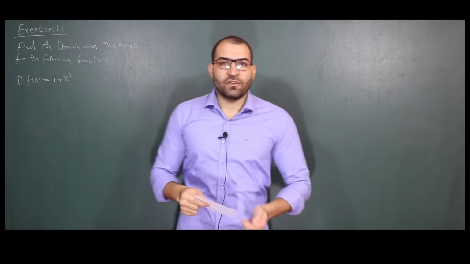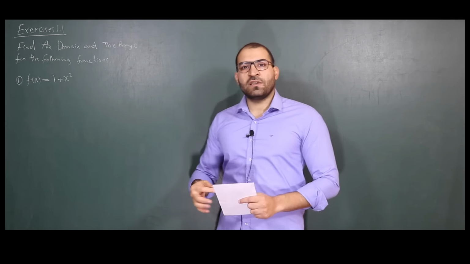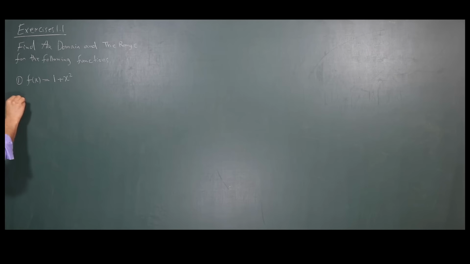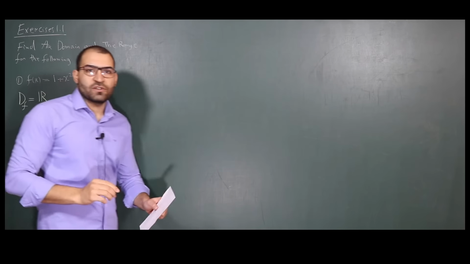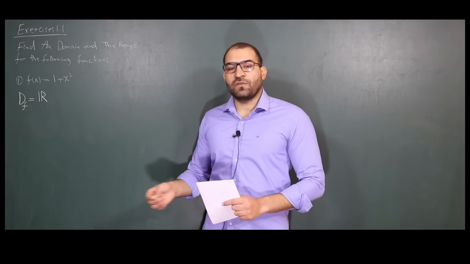As we studied in the previous lectures, we know that this function is a polynomial. So according to the notes, the domain of the polynomial f will always be all the real numbers because I have no restrictions. Now we're moving to find the range of this function.